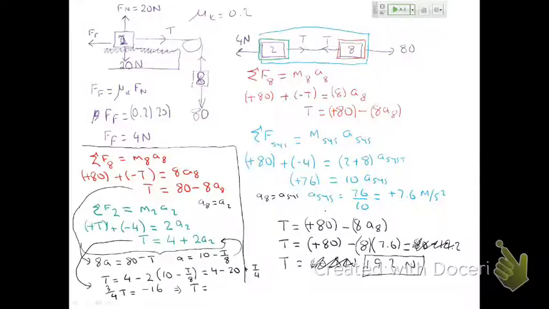What about the new one? I said plus T added to minus 4 is equal to 2 times A. So T is equal to 4 plus 2 times A. So that looks right.